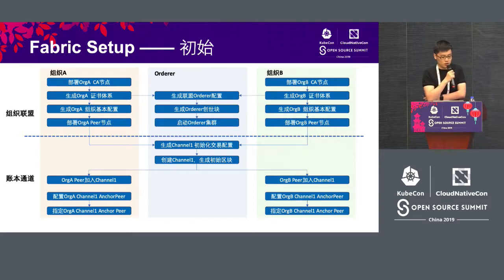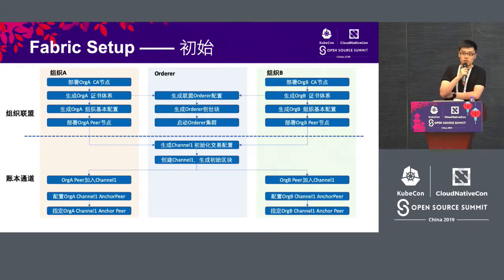So this is the flowchart, which is describing organization A and organization B wants to join a consortium. First, each organization needs to build their CA node and then generate their credential system. And Orderer is an independent organization.